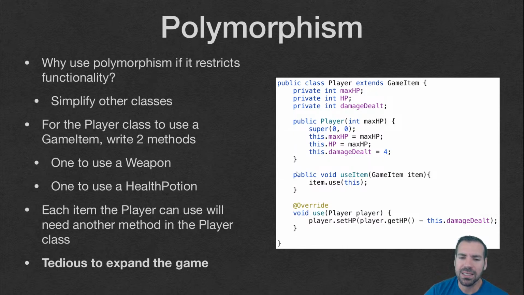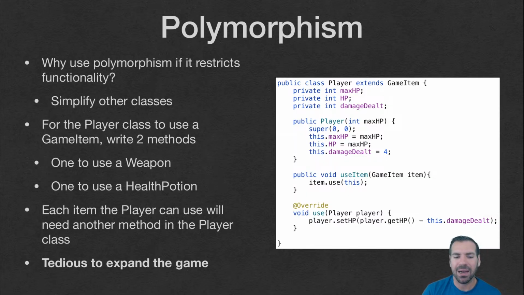I'm going to have my Player class that has a public void useHealthPotion method that takes a HealthPotion, and public void useWeapon that takes a Weapon. If I'm not embracing polymorphism, I need a separate method for every single type in my game, which is kind of annoying with two types. But what happens when we have 100 different types?